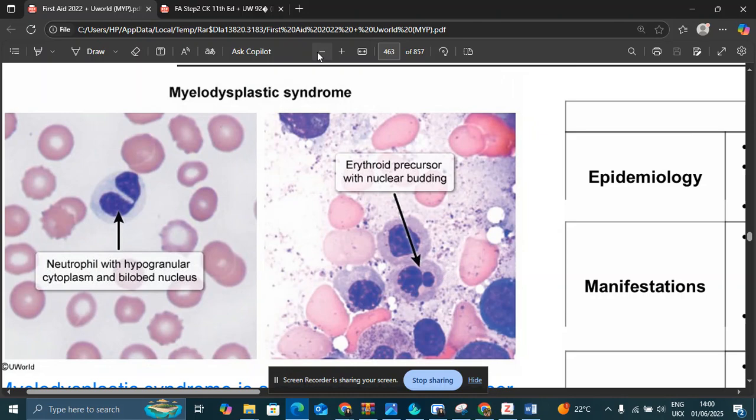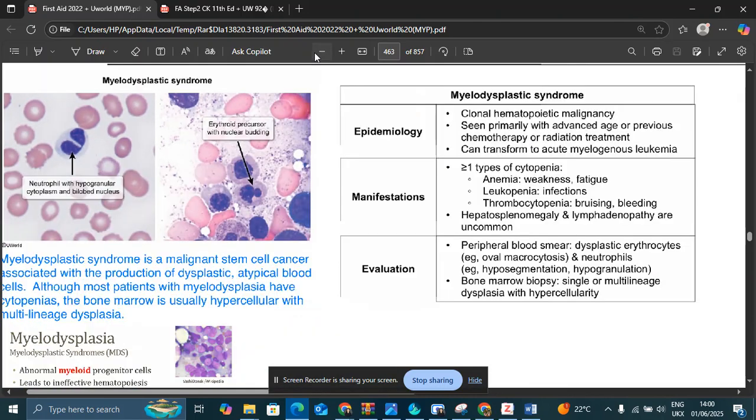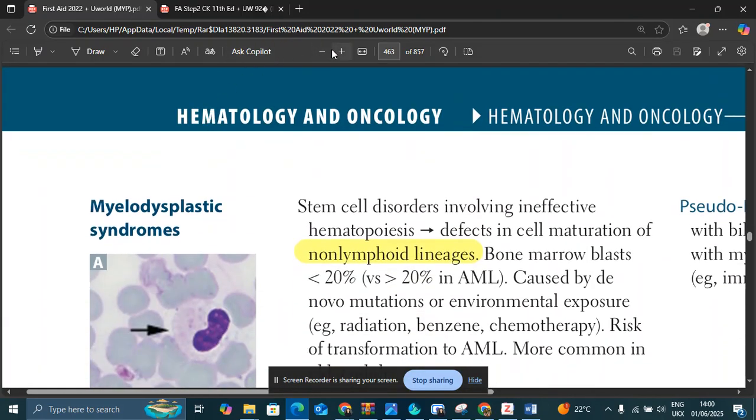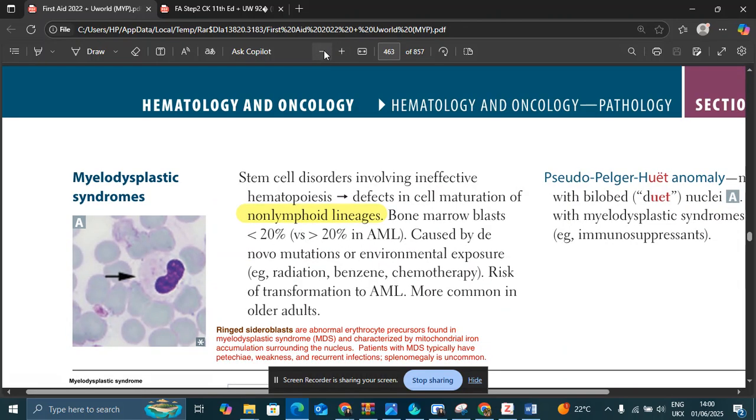Now, the most accurate test we do to diagnose myelodysplastic syndrome is bone marrow biopsy. When we do the bone marrow biopsy, we see single or multilineage dysplasia with hypercellularity, because of that tumor.